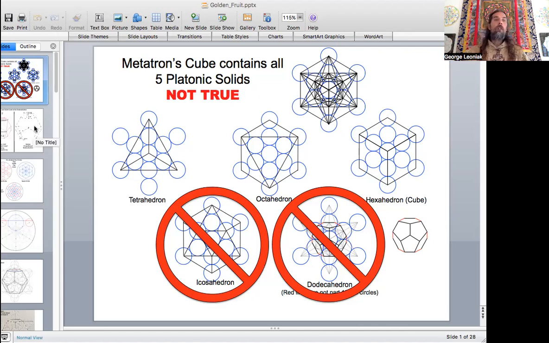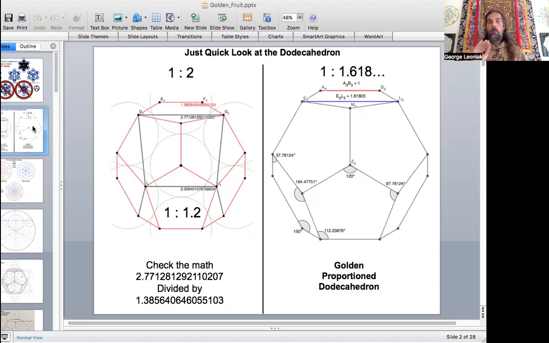So just one quick talk about the dodecahedron. This is pretty much the only thing I'm going to get into here, just so you know where the inaccuracy lies. And I have another one showing the icosahedron later on when we talk about that form. The golden ratio proportioned dodecahedron has edge lengths here across the face of the pentagon face.